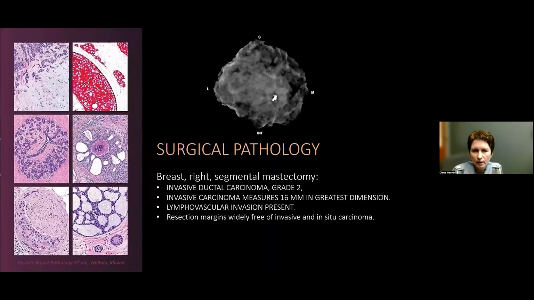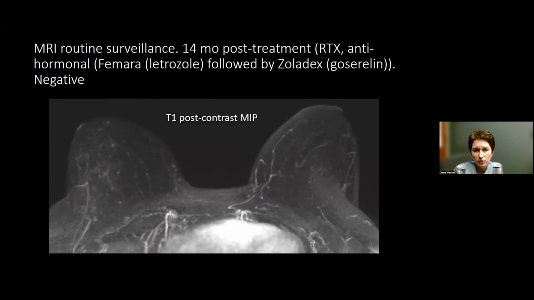On surgical pathology, on segmental mastectomy, it was invasive ductal cancer grade 2, 1.6 centimeter in greatest dimension. She had her segmental mastectomy, she had her radiation and hormonal therapy, and 1 year afterwards, she had a breast MRI.